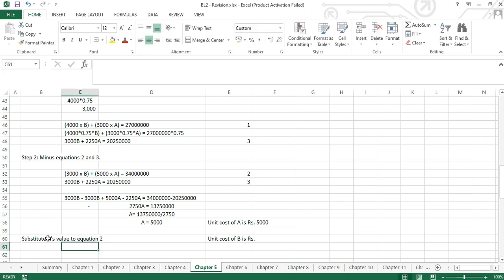So I'll get 3000B plus 5000 into 5000 of A is equal to 34 million. 5,000 into 5,000 is 25 million, 34 million minus 25 million is 9 million, 9 million divided by 3000 gives B equals 3000.